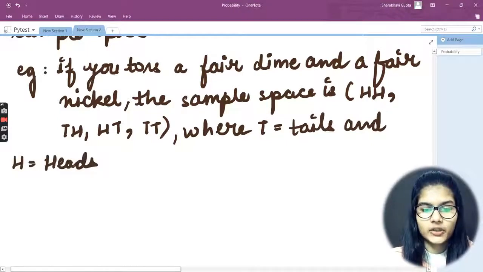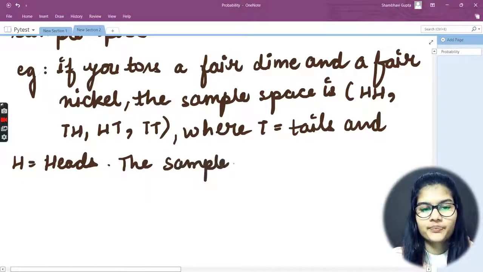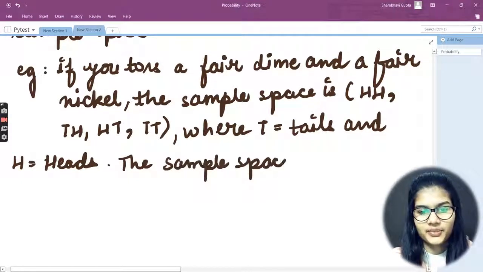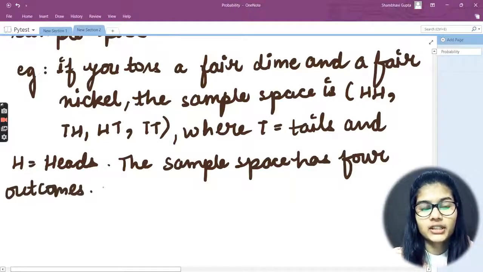In this case, the sample space has four outcomes.